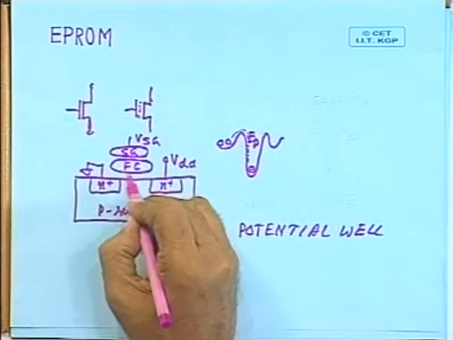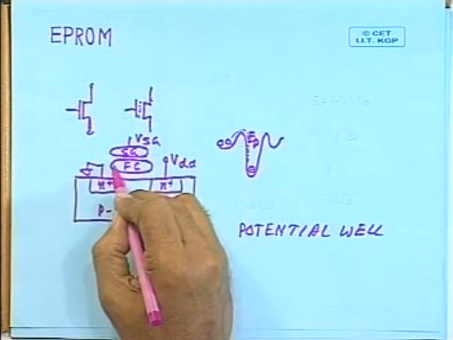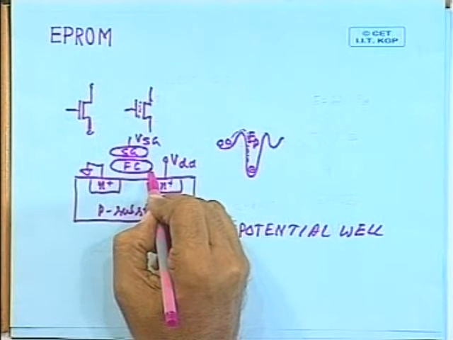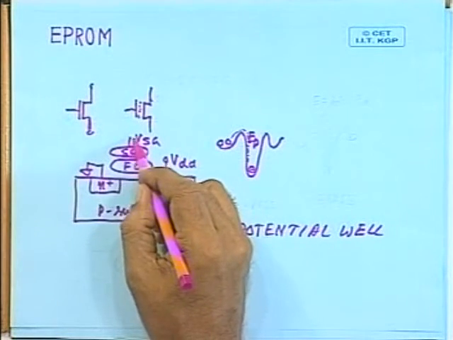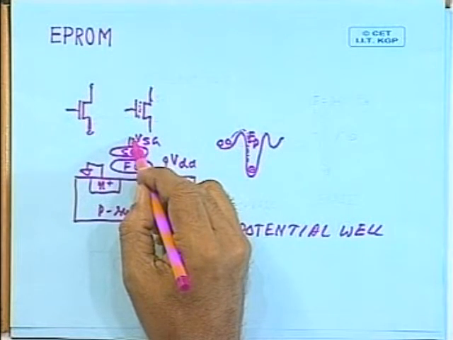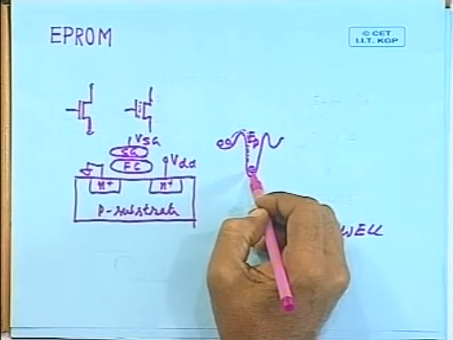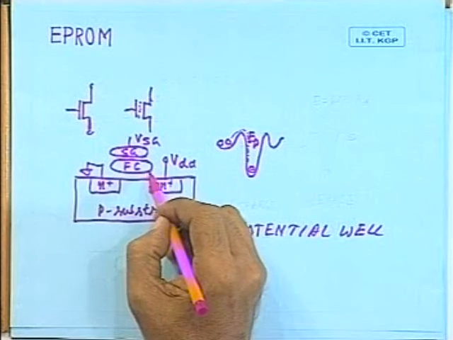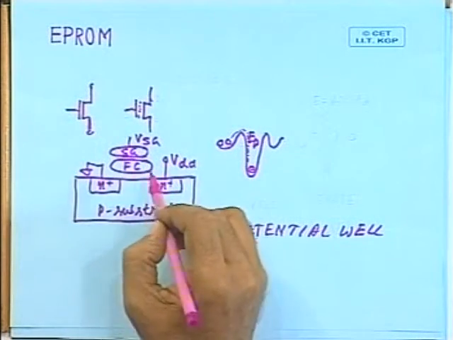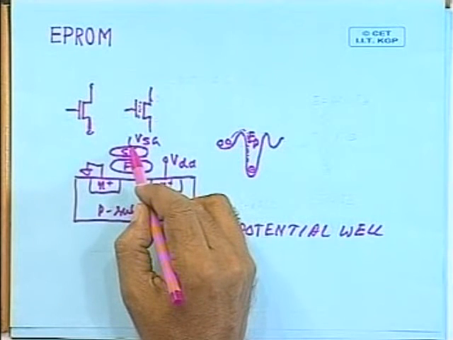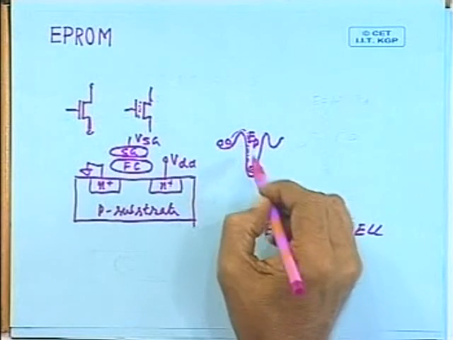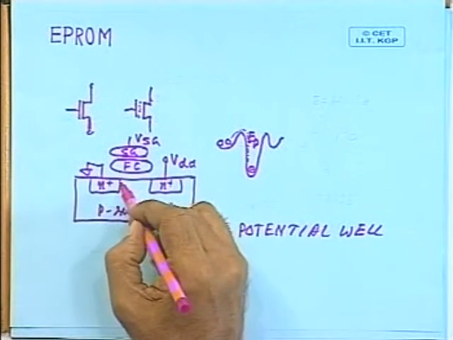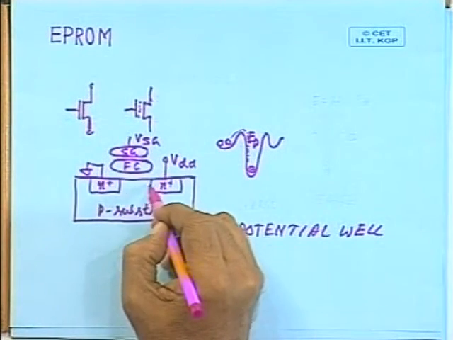That means this floating gate is charged, and these electrons remain trapped when this high voltage is removed. And this well is so permanent that it will remain until we disturb it. That means by applying high electric voltage, you can charge this floating gate and put the electrons there, and then the channel turns on.